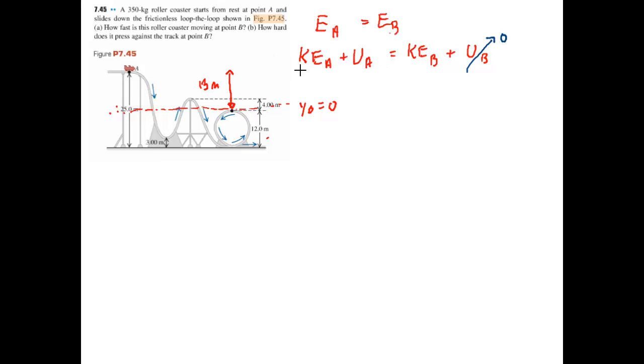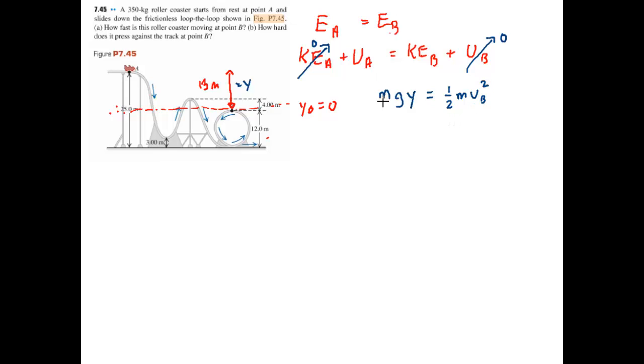I know that the roller coaster starts from rest, so all I have is potential energy at A. That's going to be equal to the kinetic energy at B. So I'm simply going to write the mass times gravity times y, where my y is going to be a positive 13 meters, is equal to 1/2 the mass times the velocity at B squared.